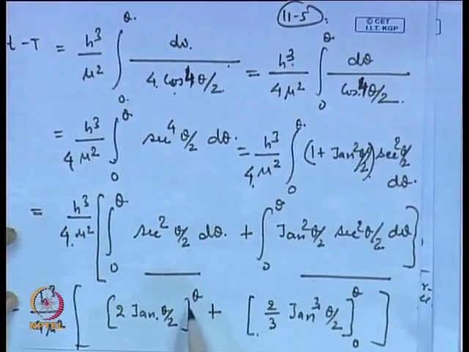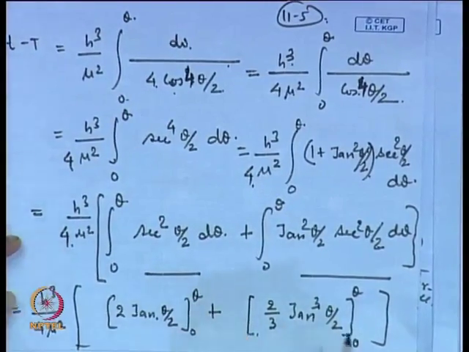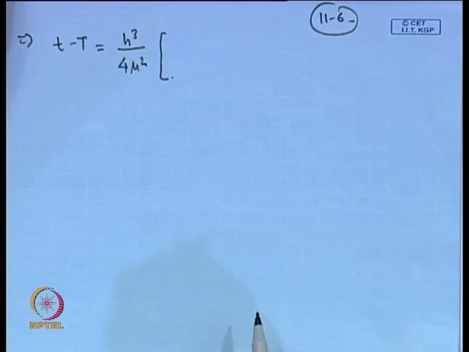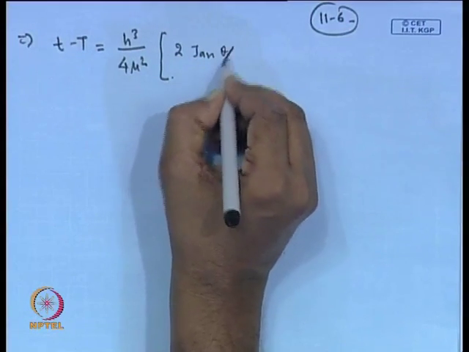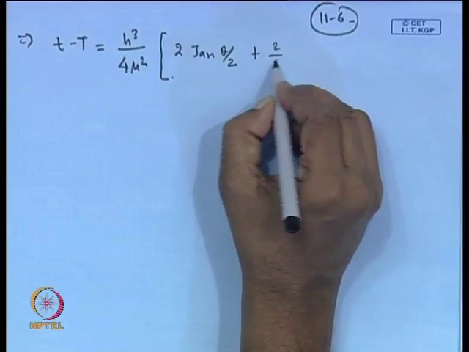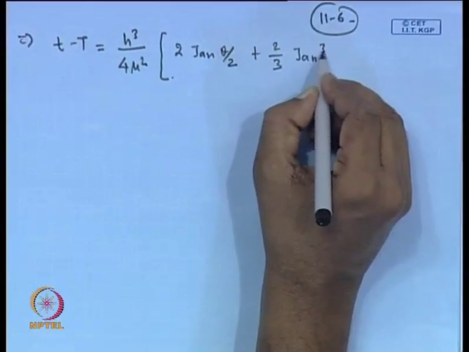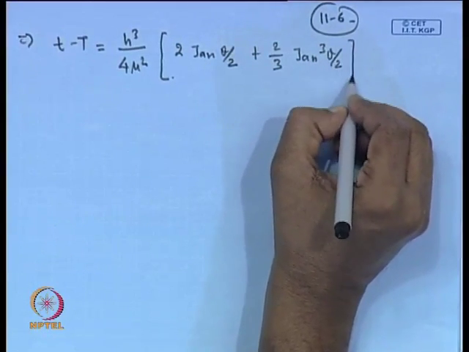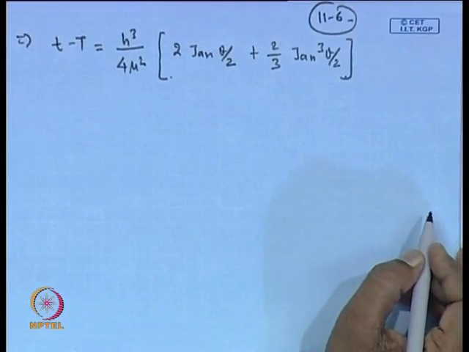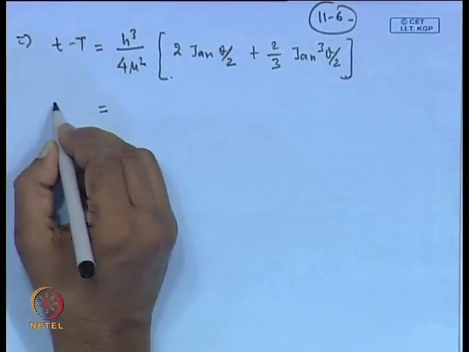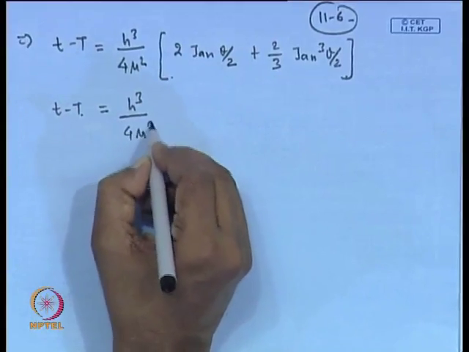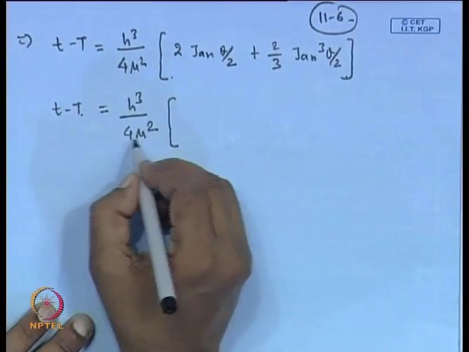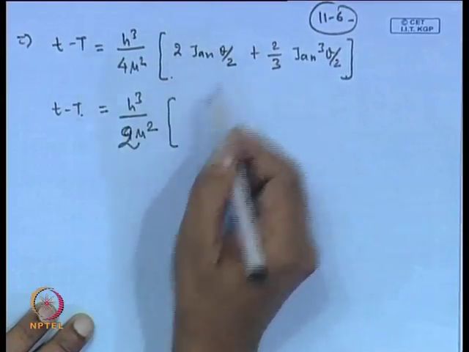From this equation, if we insert the boundary values 0 and theta, we get 2 tan theta by 2 plus 2 by 3 tan cubed theta by 2, times h cubed by 4 mu squared, and the 2 cancels out.